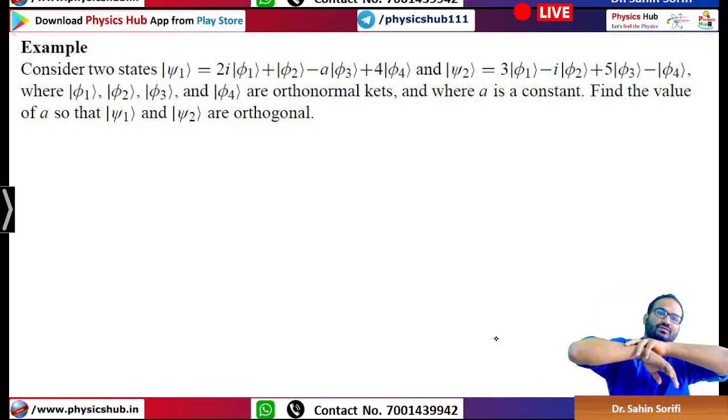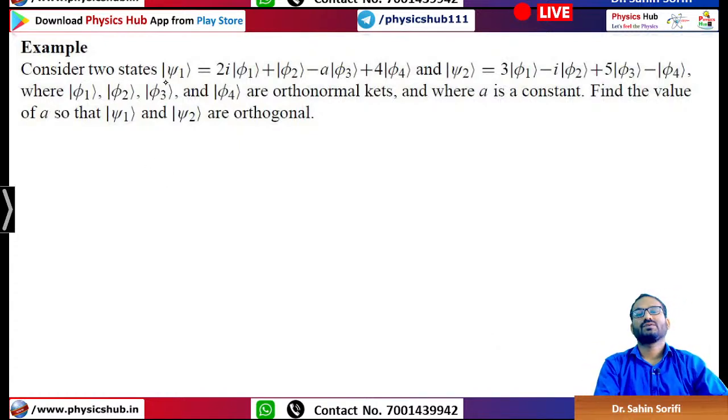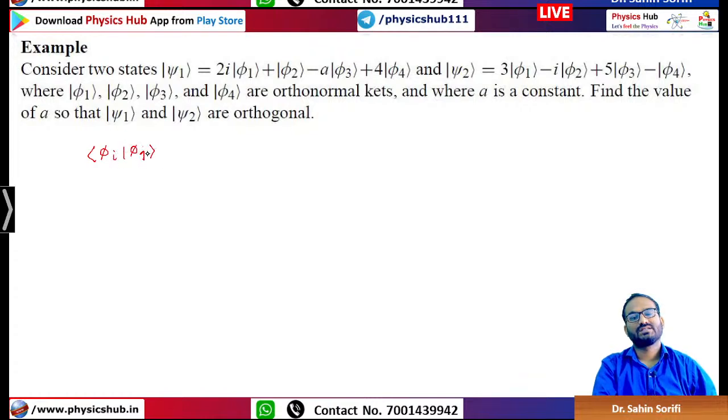Acha, let me give you homework, then you will check it out. Consider two states, one is ket psi 1, another one is ket psi 2. Phi 1, phi 2, phi 3 are orthonormal kets. You know the meaning of orthonormal kets. Phi 1, phi 2, phi 3, phi 4, these are orthonormal kets, means phi i with phi j equals 0 for i not equal to j, and phi i with phi i equals 1.